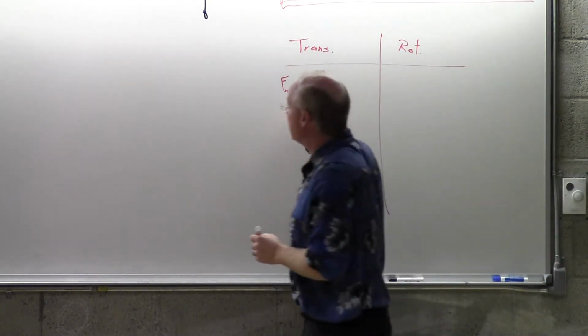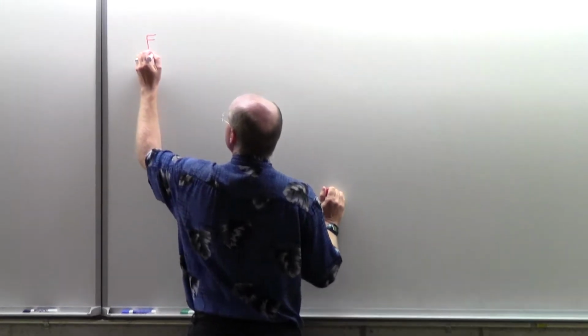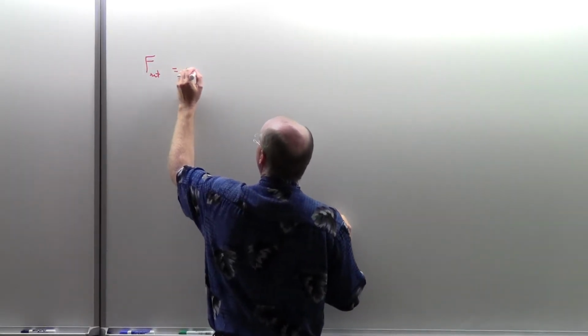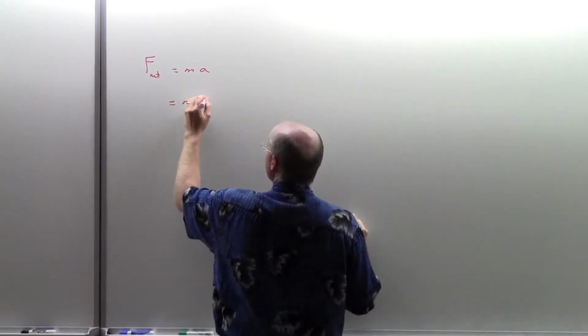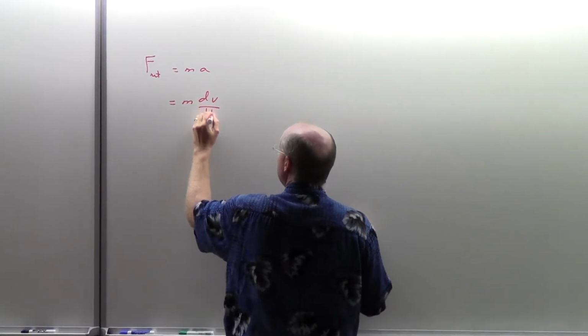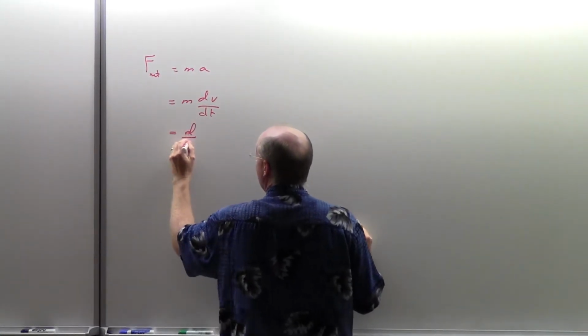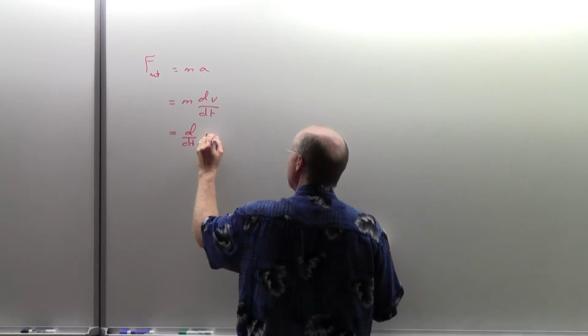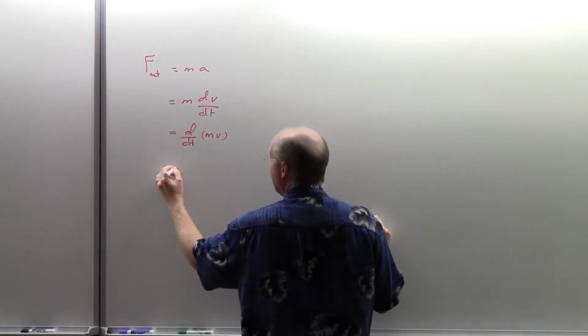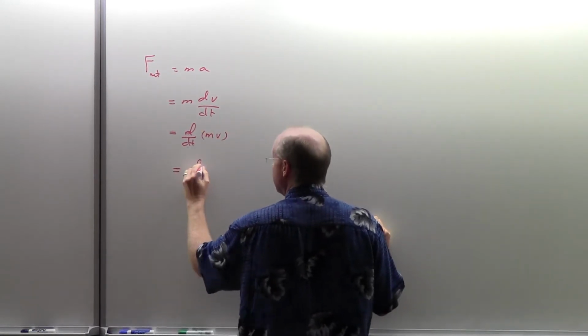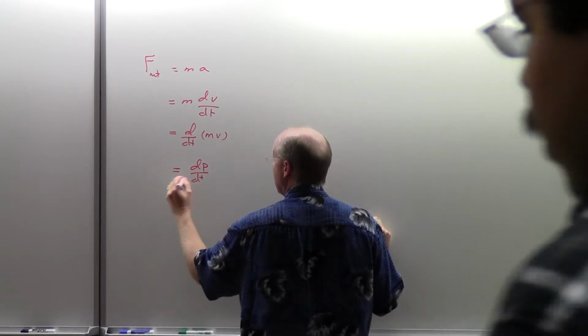And if you remember working that one out, we said, well, let's start with Newton's second law, and then look a little closer at it by saying it is a derivative, move the mass back inside, and then we have this equation.